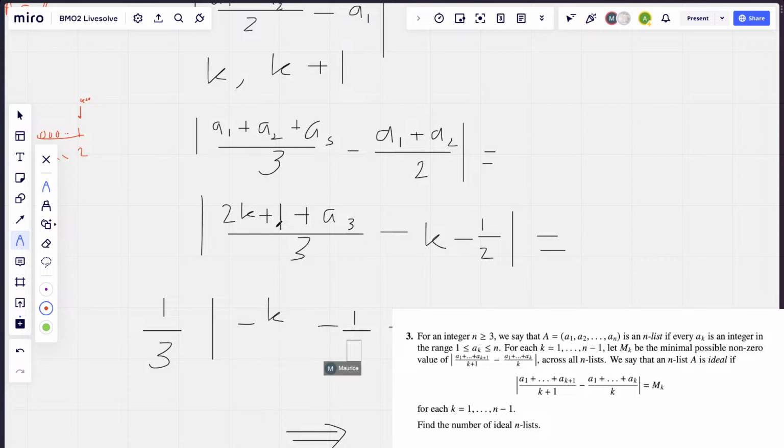Factor 6, but yeah. Like factor 6 and put some multiples in. It doesn't matter. So that means that A3 is going to be like K or K plus 1, and yeah.